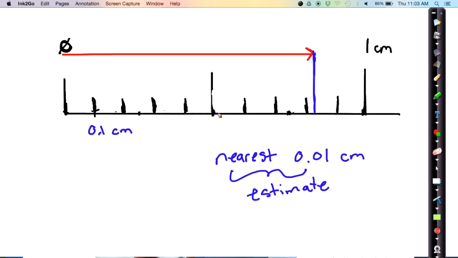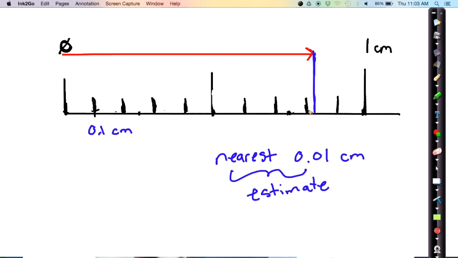So here's 0.5, 0.6, 0.7, 0.8 centimeters. It's somewhere between 0.8 and 0.9. Now, to measure correctly with this ruler, we need to estimate one digit past that smallest marking, which for us, we know the arrow is at least 0.8 centimeters long. So we need to decide, is it 0.81, 0.82? What is that estimated digit?